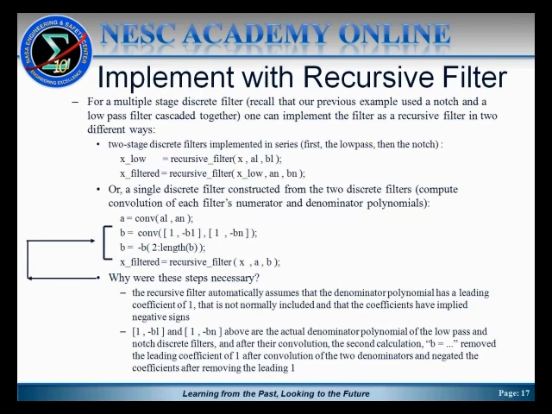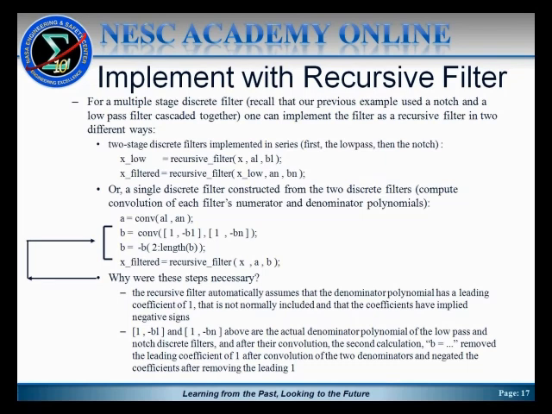In the first example, we'll just do two successive calls to a recursive filter function, first passing it the signal x to be conditioned through the low-pass part of the filter, then passing that filtered result through the notch filter. The result of those two steps would be the combined notch low-pass filtering of the original signal.